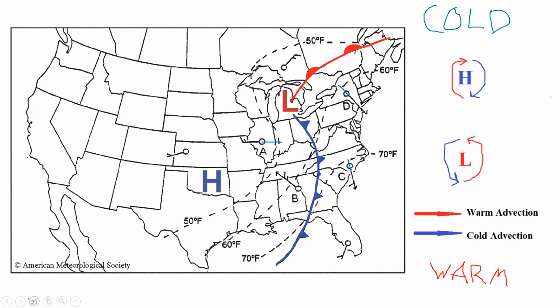Give me 1 second, I'm going to turn on my laser pointer. What we get is, to the east of a high pressure system, because the high pressure system is rotating clockwise, cold air is traveling from north to south.